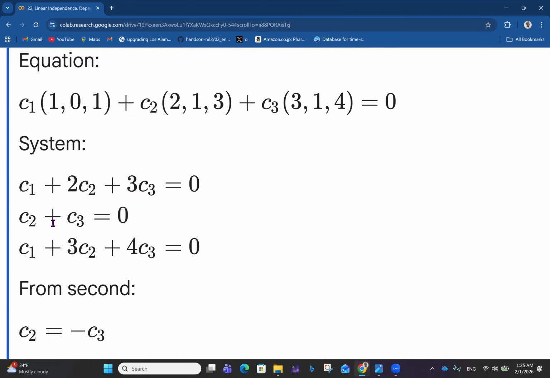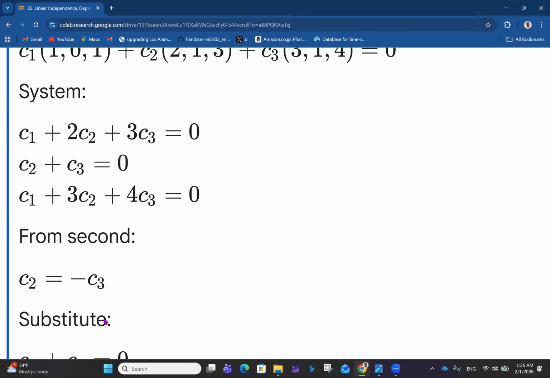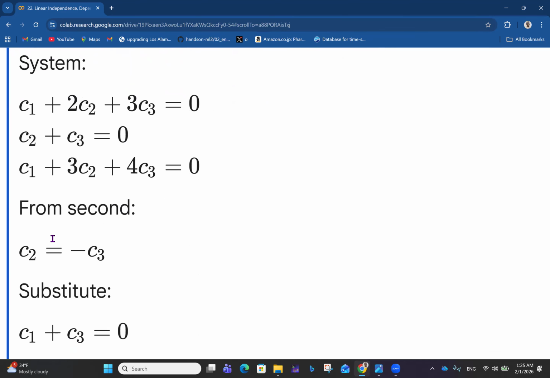From here, you can already see that C2 is equal to minus C3. And if that is the case, we can substitute minus C3 anywhere we see C2, whichever way works for us.